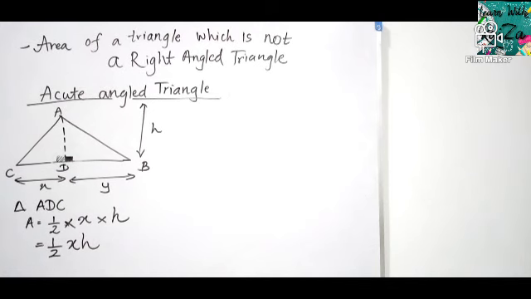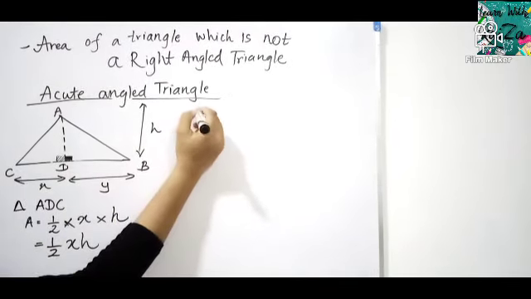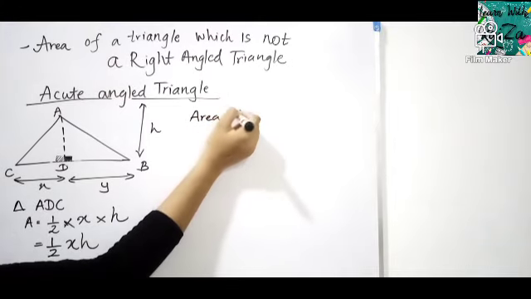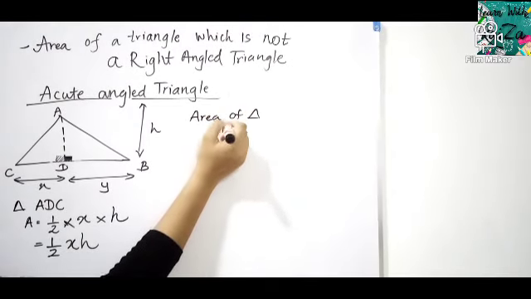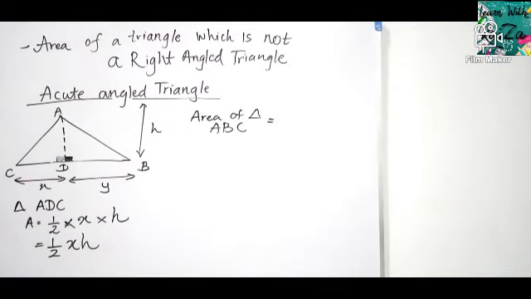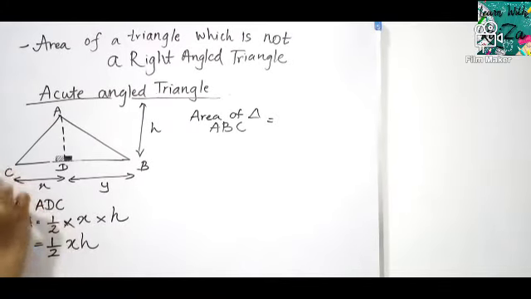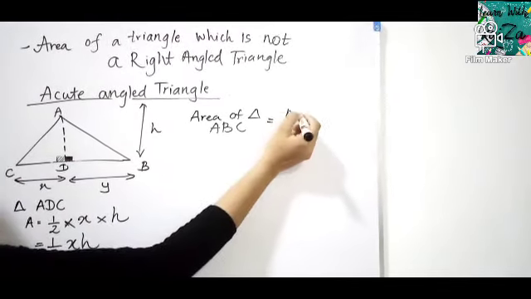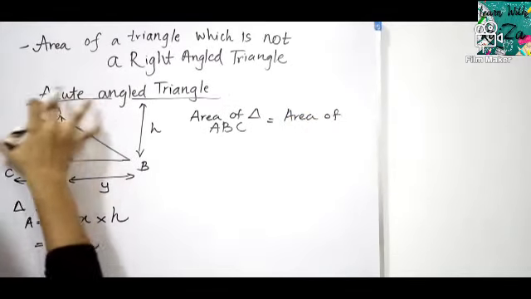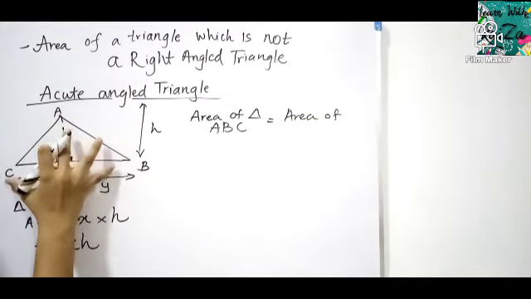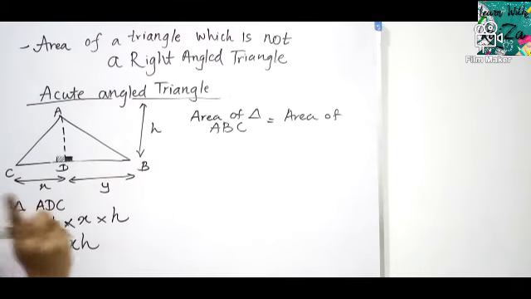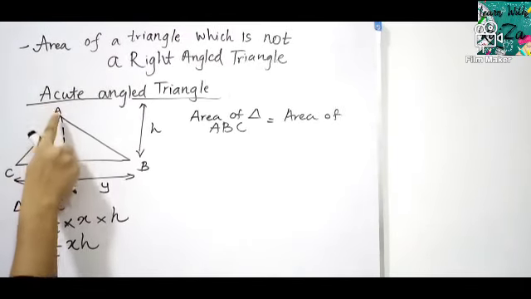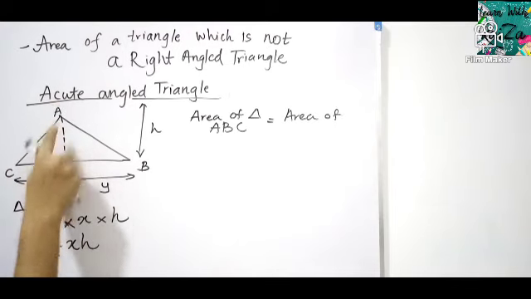Now the area of the full triangle ABC. Tell me the area of triangle ABC in terms of two right angle triangles. Yes, the area of the whole triangle ABC is equal to the sum of the areas of triangles ADC and ADB.